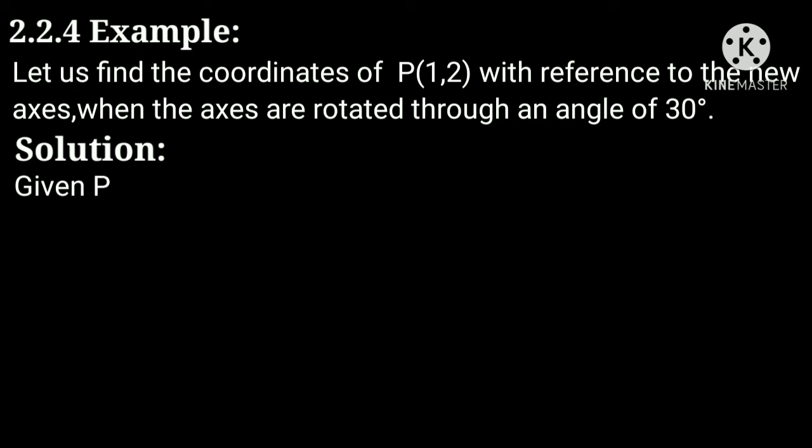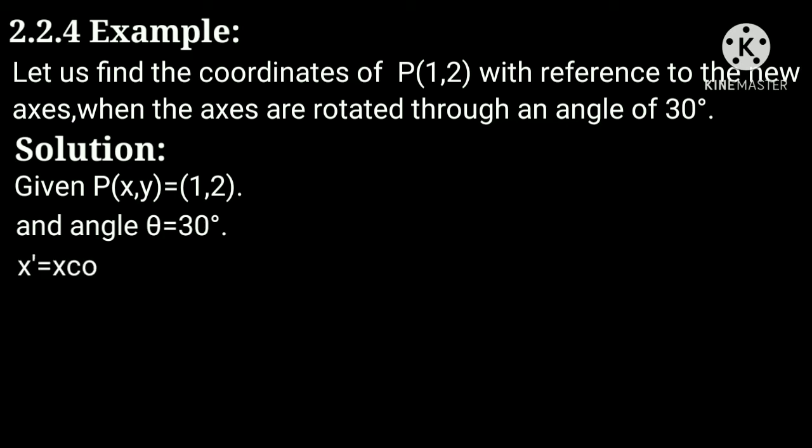Given P(x, y) equal to (1, 2) and angle theta equal to 30 degrees. Here we have to find P(x', y'). Here we apply the rotation of axis formula for finding the x', y' values. That is x' equal to x cos theta plus y sin theta. Here we substitute the values x, y and theta value.